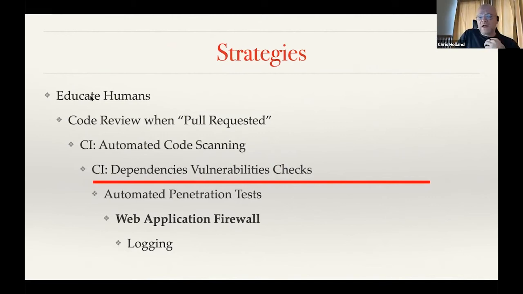But if the person writing the code doesn't catch an issue, then you hope that when the pull request happens, one of their peers can find the issue. And if the peers don't find the issue, then you hope that the automated code scanning can find the issue, and if that doesn't work, you hope that your dependency vulnerability checks do. That's kind of how it works, right? So it's kind of putting as many layers as possible to put yourself in a position to succeed.